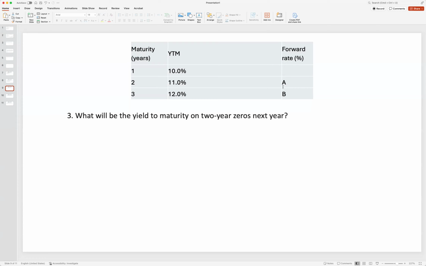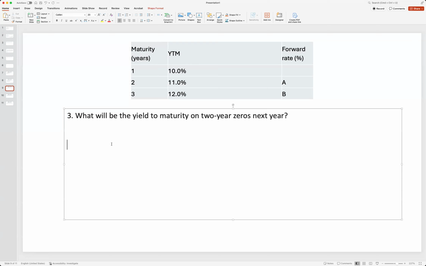So the yield to maturity of this 2 year zero should be the compounded return of A and B, annualized. In other words, you start with $1, you invest at A for a year, then you roll it over, invest at B for another year.